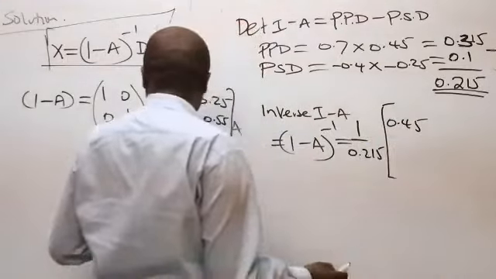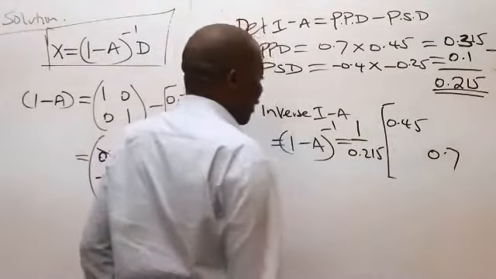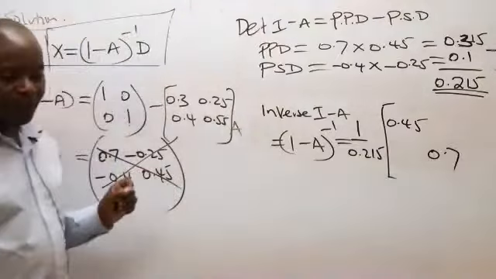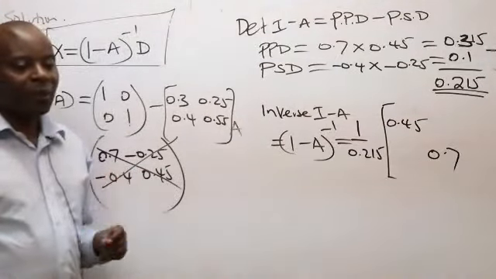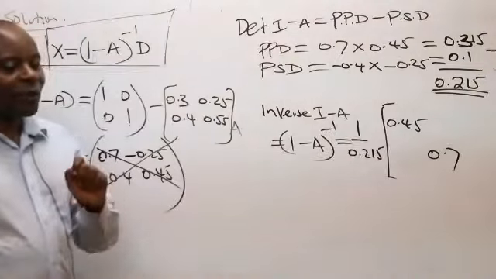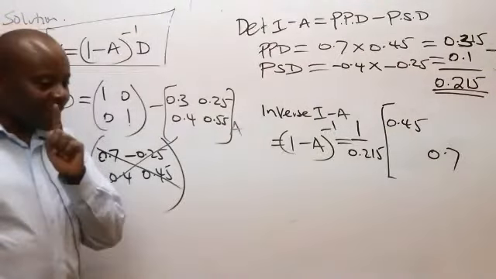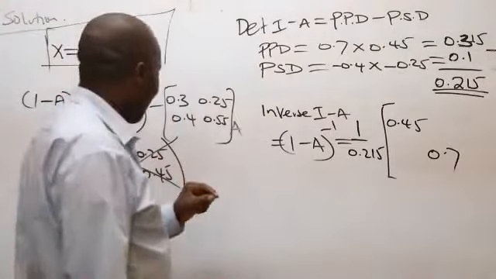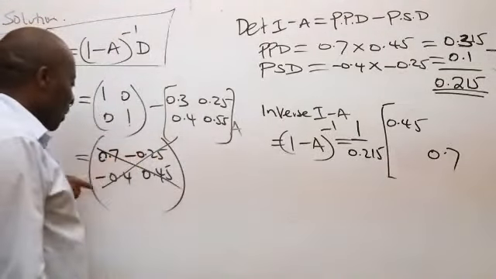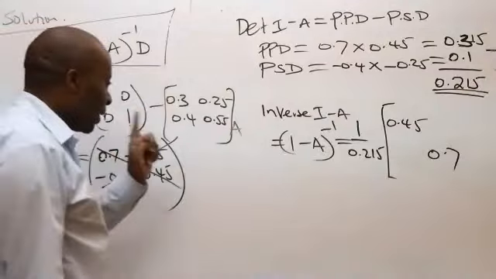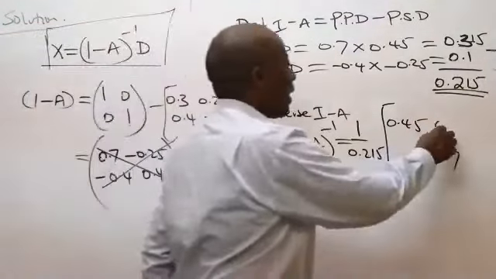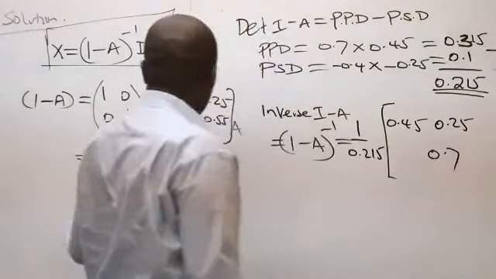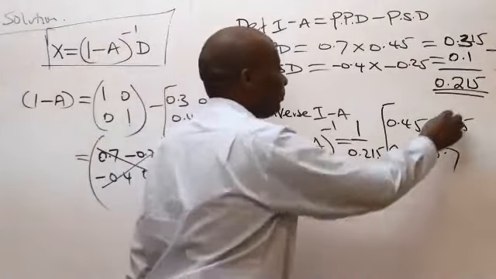So 0.45 goes up there, 0.7 goes down there. How about secondary elements? Yes, we change their signs. We retain their positions, but we change their signs. So we have here 0.25, and here we have 0.4, like that.